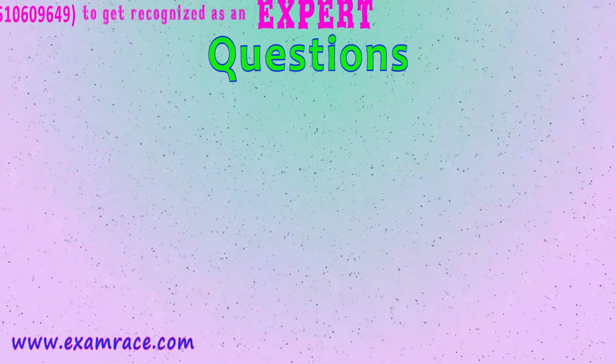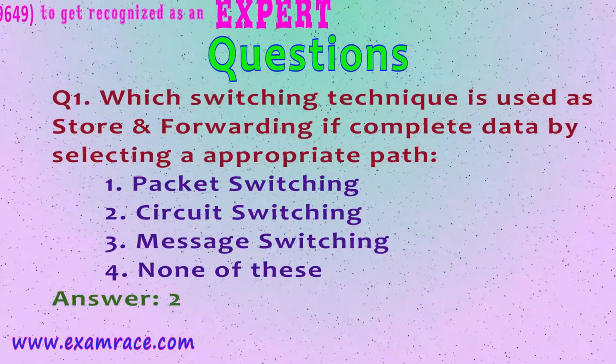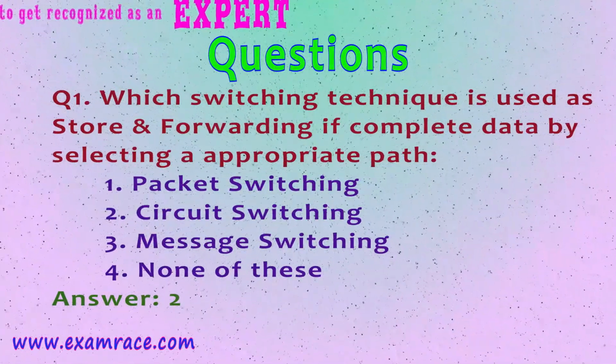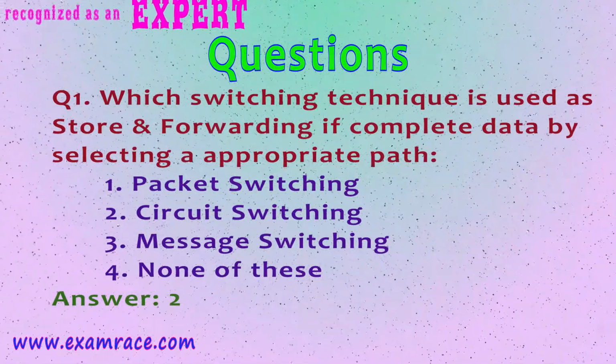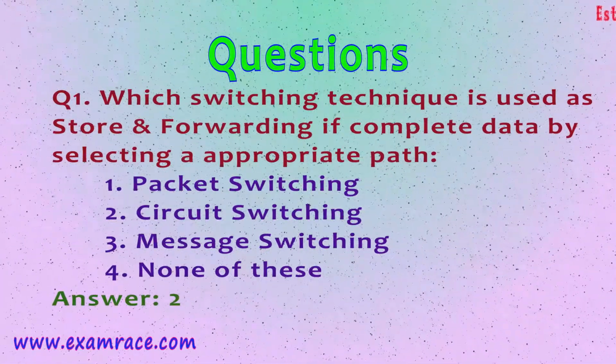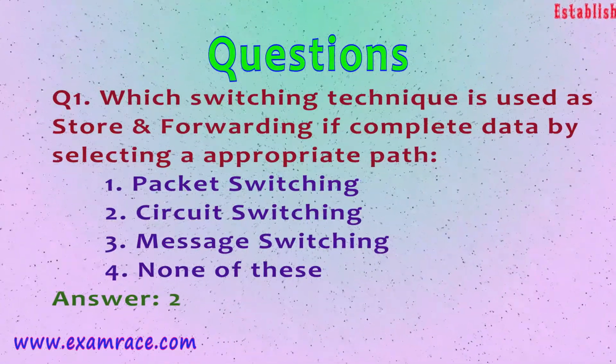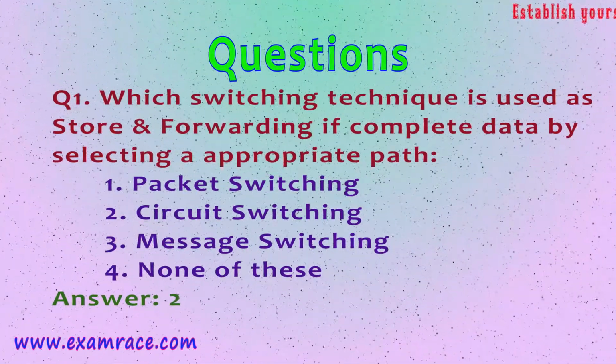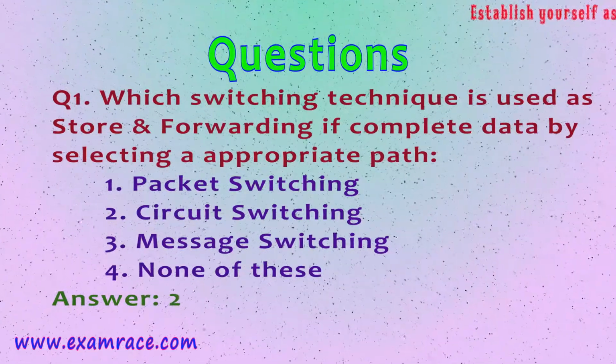In the next slide we have some MCQs. The first question is, which switching technique is used as store and forwarding if complete data is sent by selecting an appropriate path? So now we are discussing the complete data.